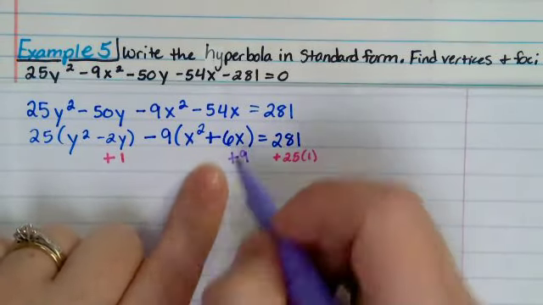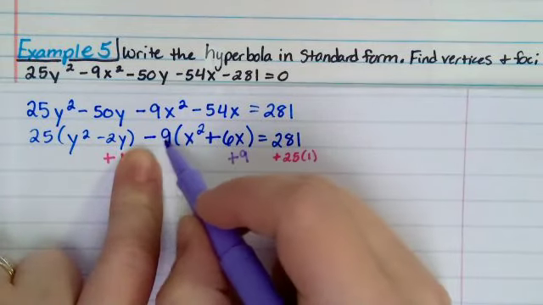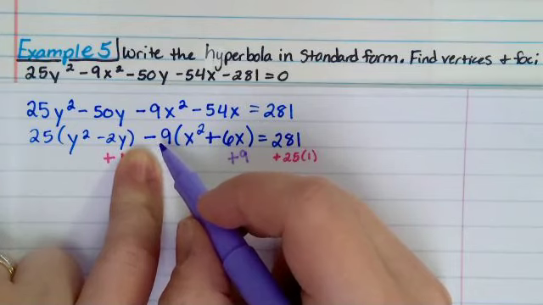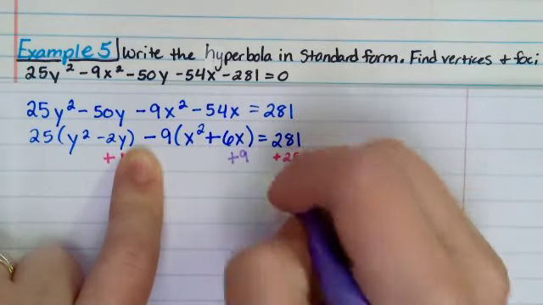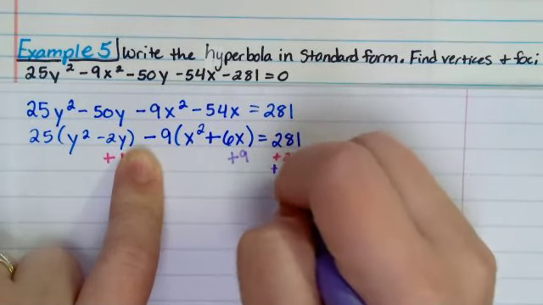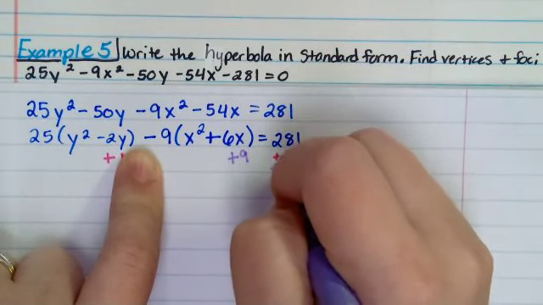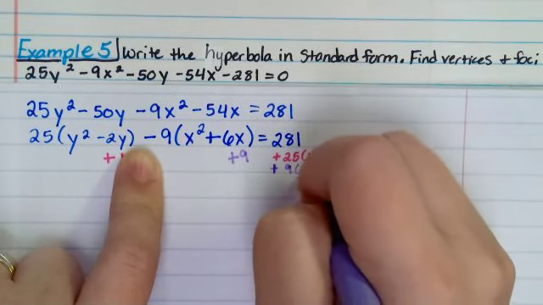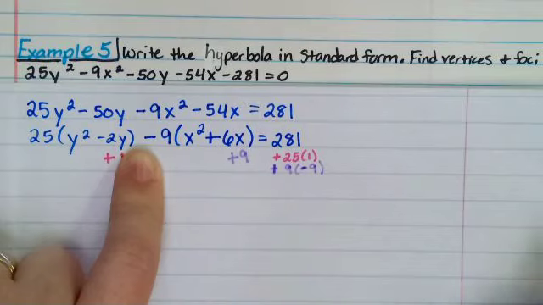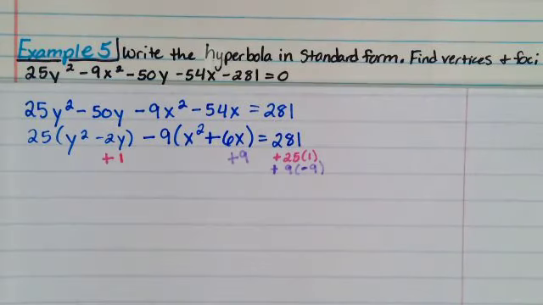But remember that this is 9 times -9. So truly, this had subtracted 9 times 9. Or you can look at it as saying plus 9 times a -9. Okay? But you got to keep in mind that that negative does affect it as well. It makes that actually a negative value.